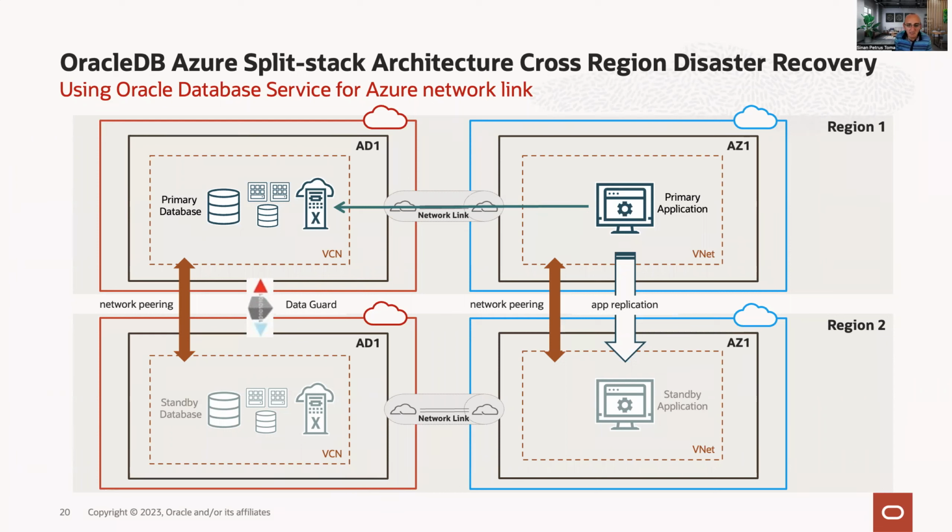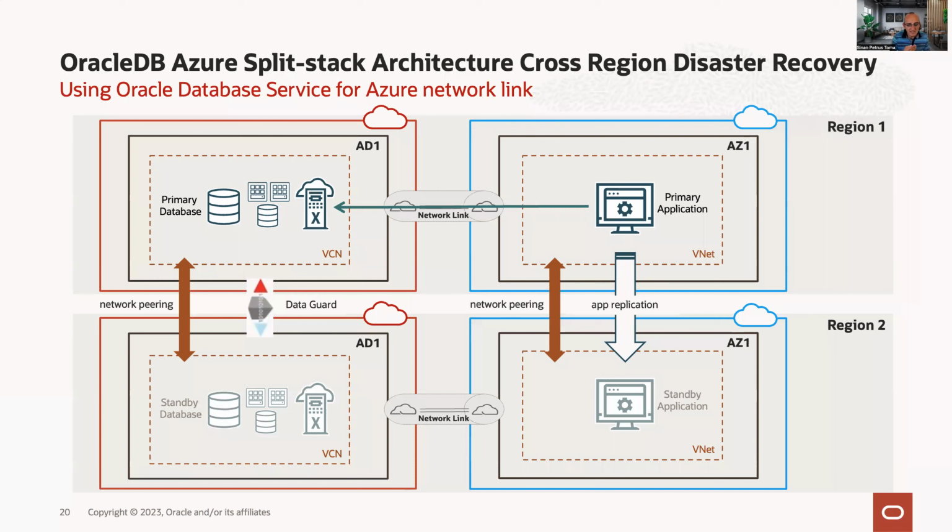At the same time, in each region, we have the network link between OCI and Azure. So these regions are connected with each other using Oracle Database Service for Azure. And the application is also replicated from Azure Region 1 to Azure Region 2.